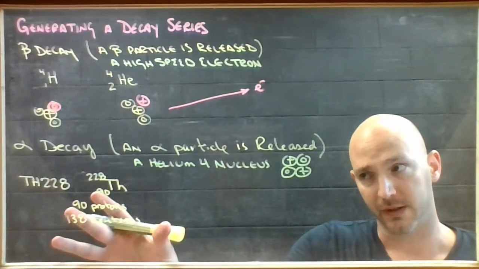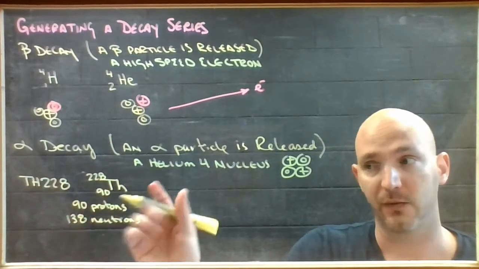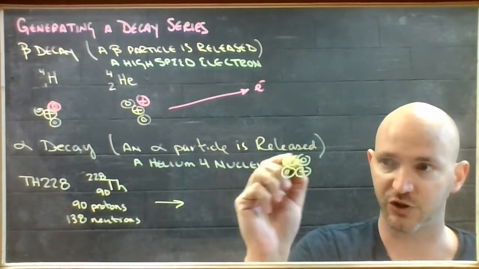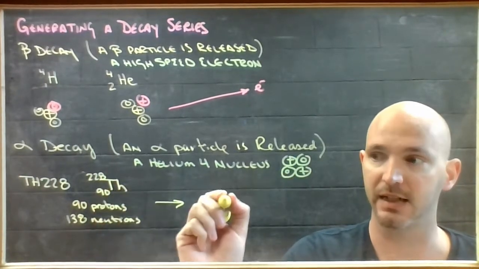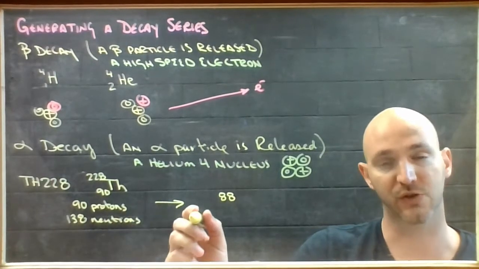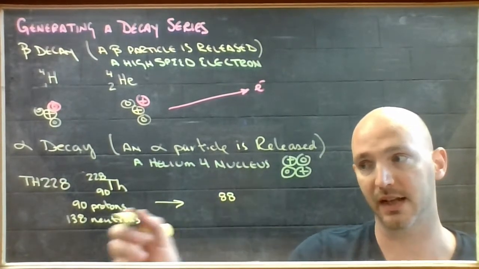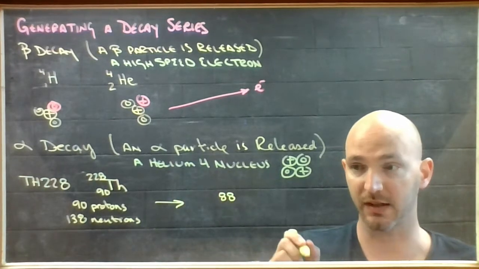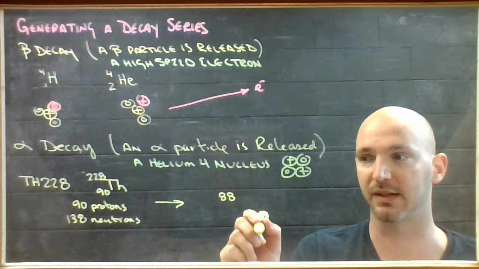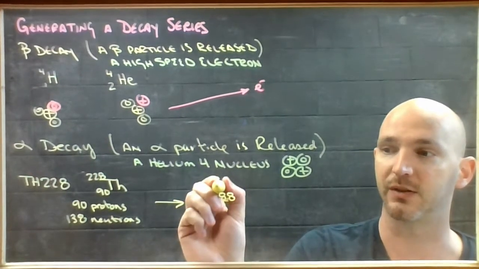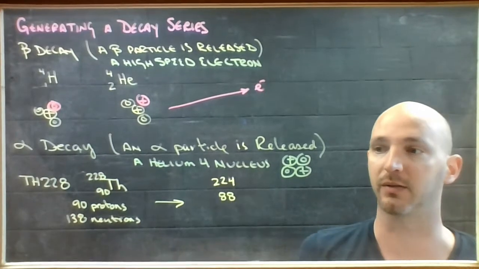So if thorium-228 undergoes alpha decay, what you end up with is a particle that has shed 2 protons. It's not 90 anymore, now it's 88. And it has also shed 2 neutrons. So instead of 138, it will be 136 neutrons, and 88 protons gives me 224 particles.